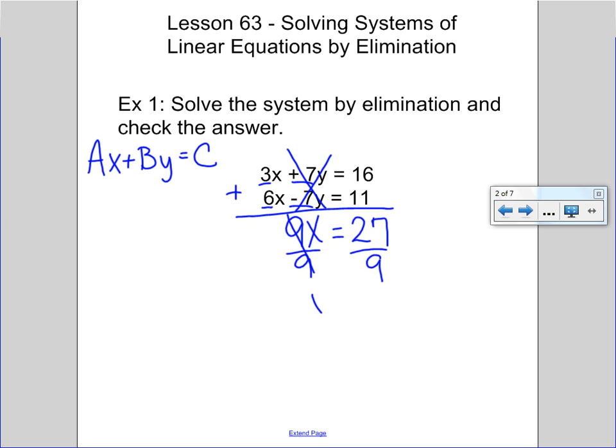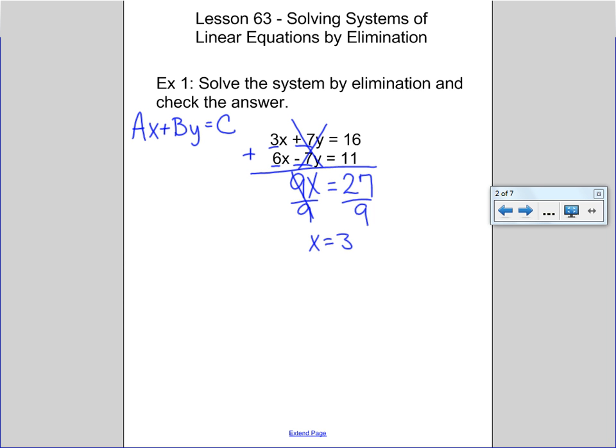The 9's will cancel, leaving me with x equals 3. Now that I know that x equals 3, I'm going to plug it into an original equation. So instead of x, I will substitute 3: 3 plus 7y equals 16. I hope that you're all with me at this point. If not, please stop and ask questions.